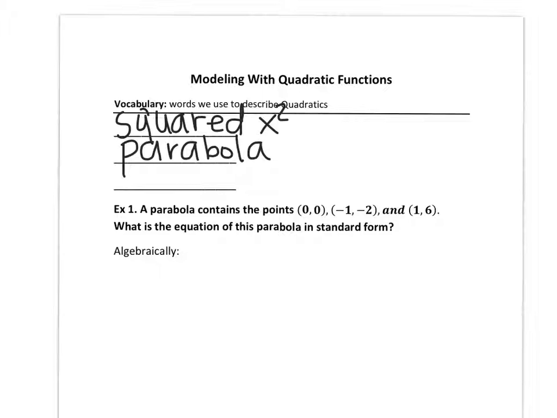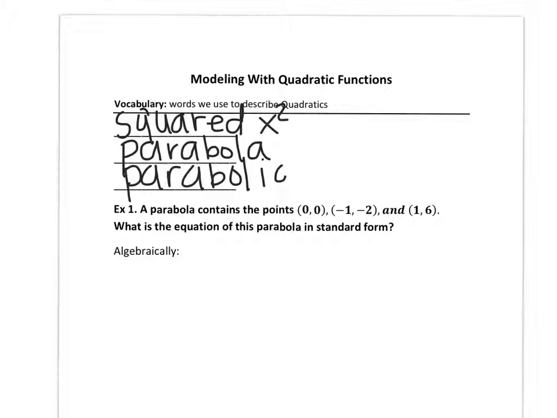Now, in word problems, a lot of times when they are talking about a quadratic function or a parabola, they will use the word parabolic path or something parabolic. And so when you see this word parabolic, don't freak out.